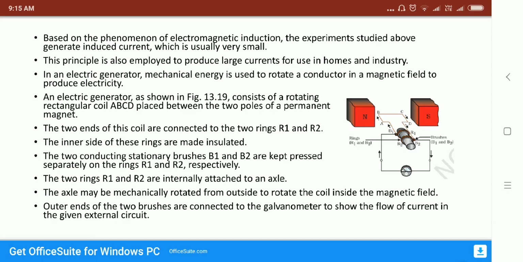This axle may be mechanically rotated from outside to rotate the coil inside the magnetic field. The outer ends of the two brushes are connected with a galvanometer to verify whether current flow is available or not in the given external circuit.